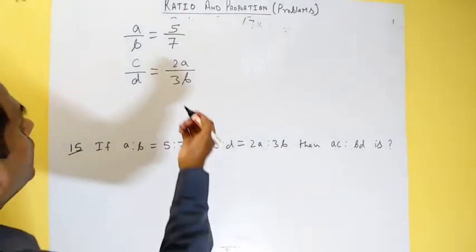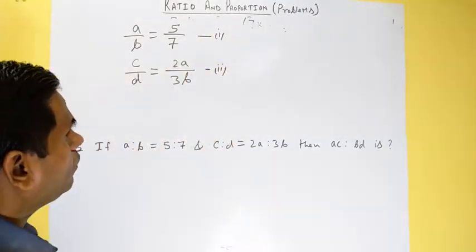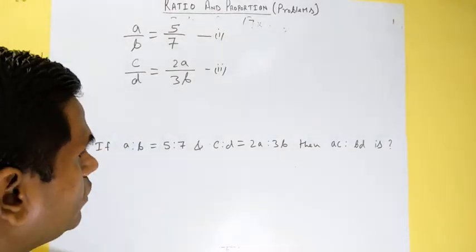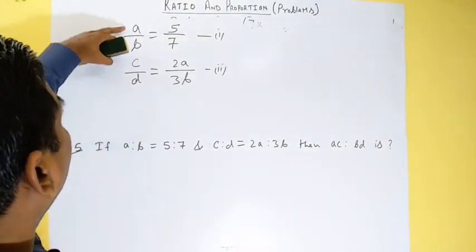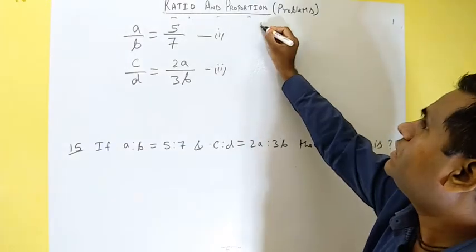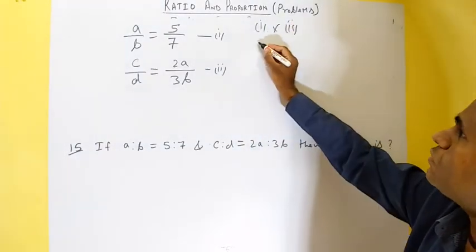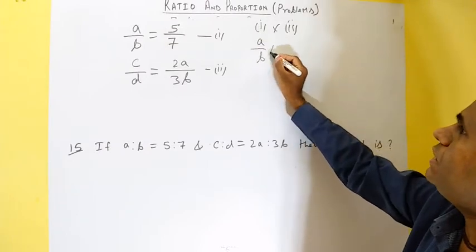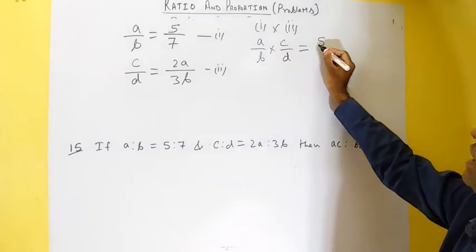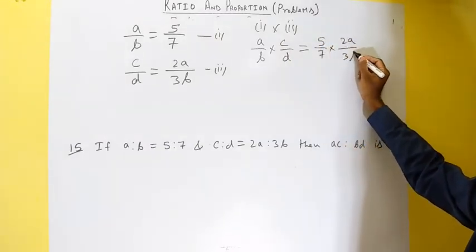If this is the first equation and this is the second equation, what we can do here is multiply both the equations, because AC and BD is there, right? So multiplying first into second, A upon B into C upon D is equal to 5 upon 7 into 2A upon 3B.